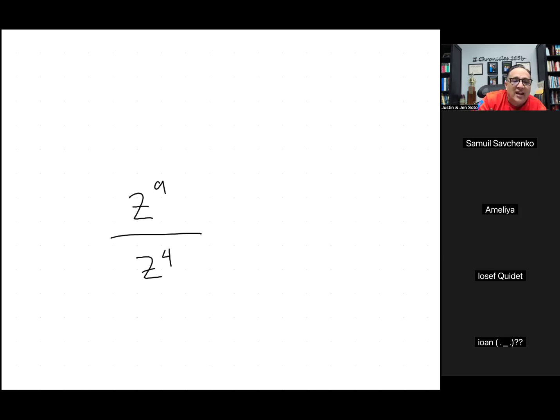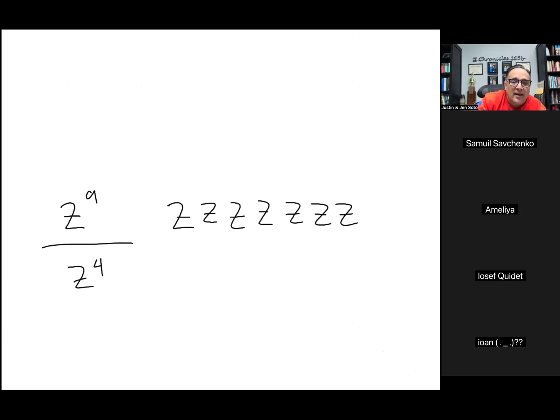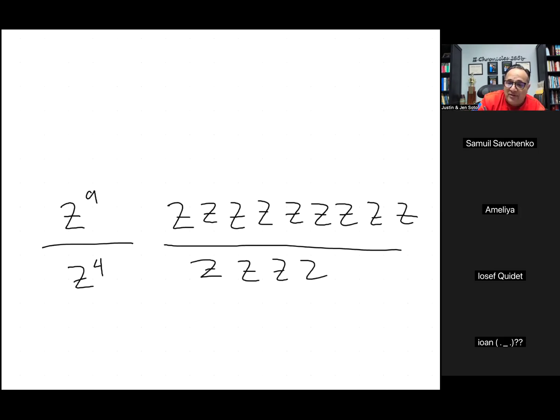Z to the 9th is the same as z, z, z, z, z, z, z, z, z: 1, 2, 3, 4, 5, 6, 7, 8, 9. Z to the 4th would be z, z, z, z. Now watch what happens here, okay?